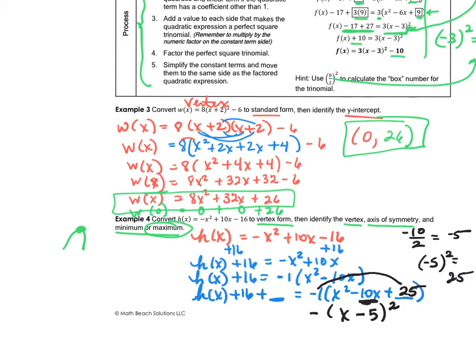That's the most common mistake right there. So -1 times 25 is -25. Okay, I'm going to go ahead and clean up this side. And 16 minus 25 is -9. And then I have my perfect square over here.